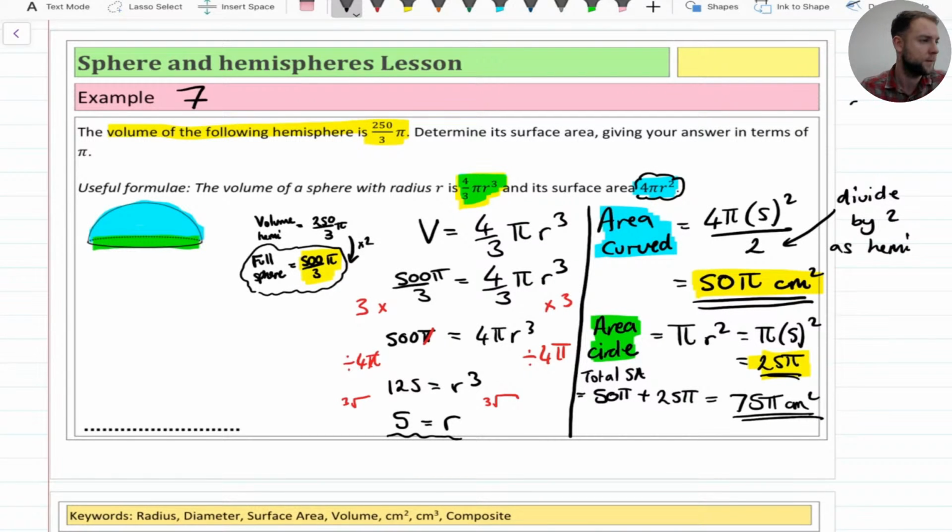Very frustrating. Okay, so yeah, we worked out the area of the circle, which was the bottom, the green part. And then to work out the total surface area, it's going to be the area of the curve, which is the 50 pi centimetres squared, plus the area of the circle at the bottom.